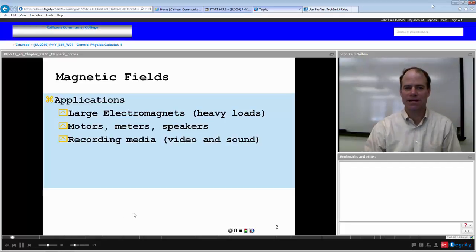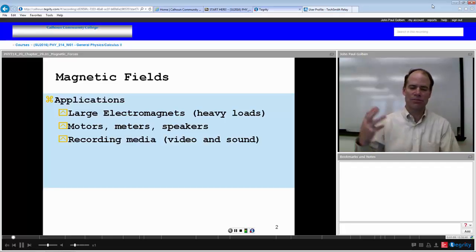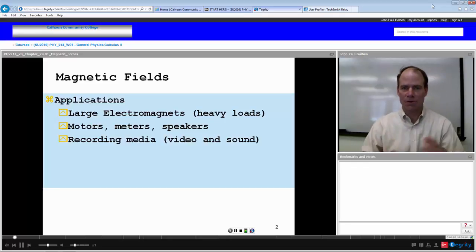Recording media. If you were to record something, you could use a magnetic field as a tip to orient the domains in a media such that when you come back, those oriented domains can help reproduce that information through another receiving magnetic tip.